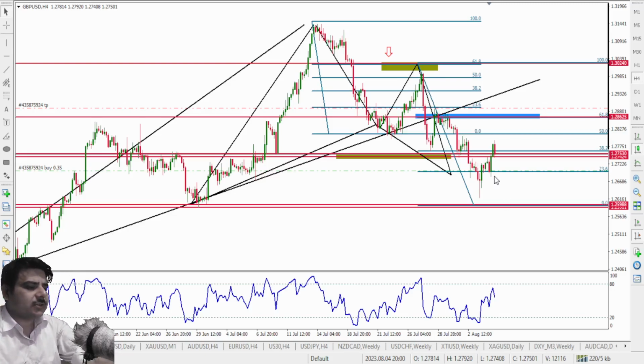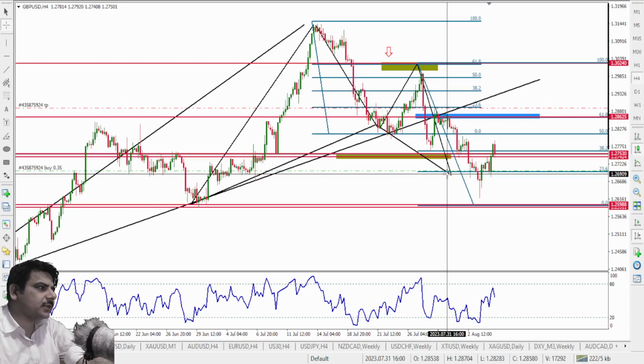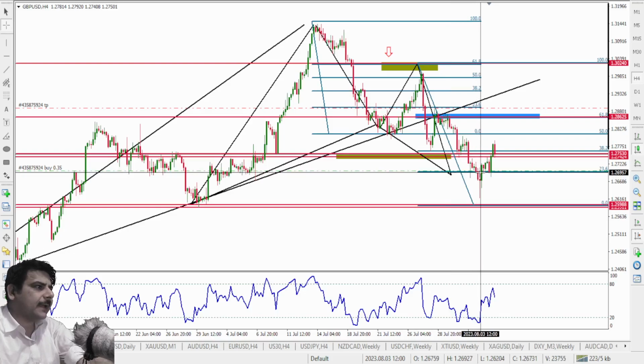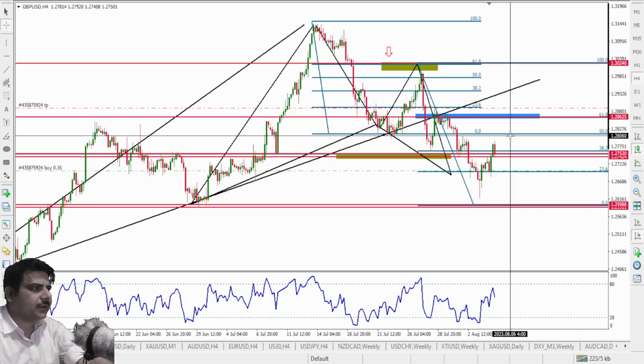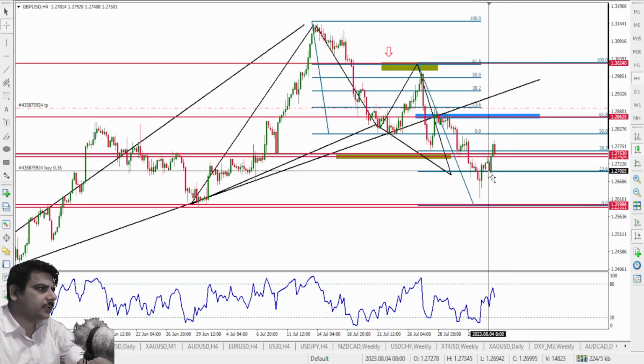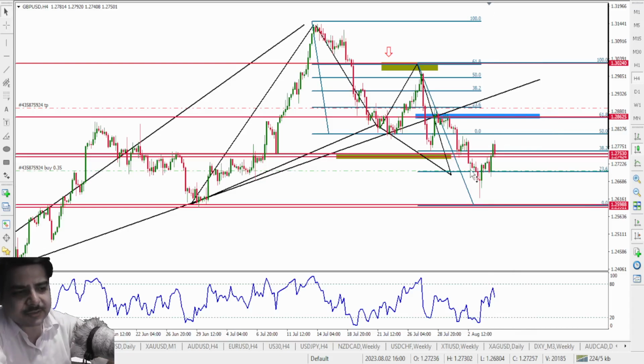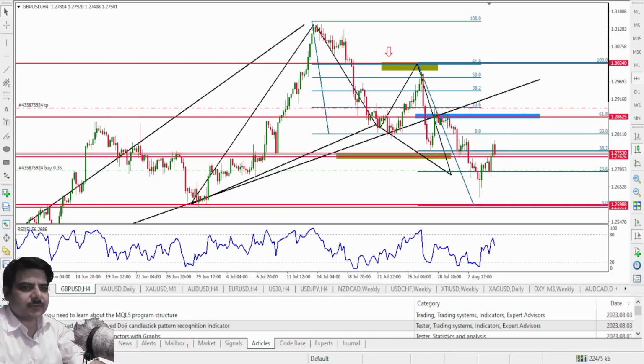So pound dollar, since this year, is giving very nice profits if you ask me. At the moment I'm holding a 0.35 buy because this pattern was completed right here, and on this candle I took this trade, or I think I took it right here. Let me check the dates.